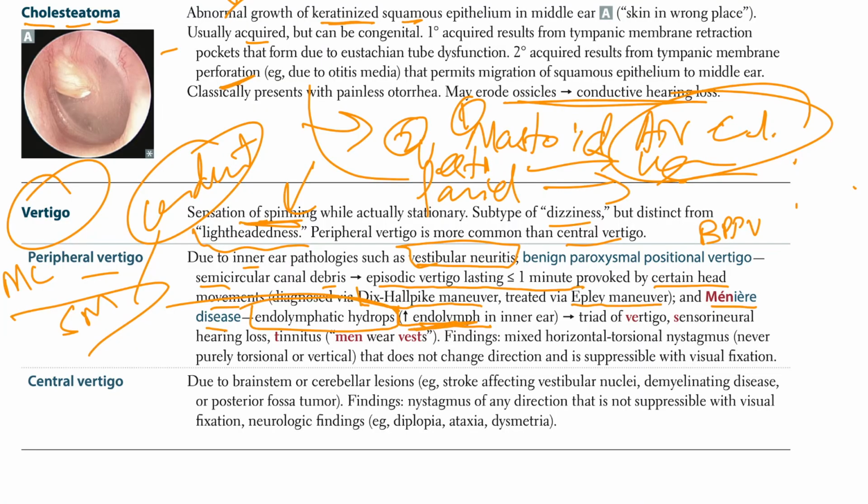This leads to three things: vertigo, sensorineural hearing loss, tinnitus. So the mnemonic here is men wear vests. So vertigo, sensorineural hearing loss, and tinnitus.